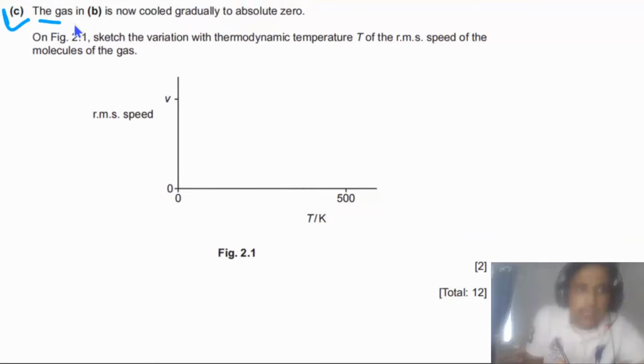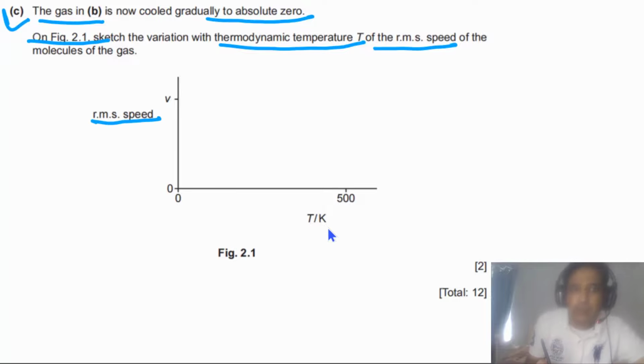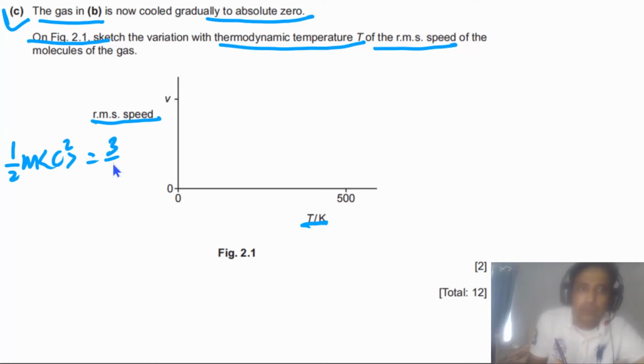Part C says the gas in V is now cooled gradually to absolute zero. On figure 2.1, sketch the variation with thermodynamic temperature T of the RMS speed of the molecules of the gas. We have RMS speed on the y-axis and temperature in kelvin on the x-axis. But we have already discussed that 1/2 m mean square speed is equal to 3 by 2 kT.